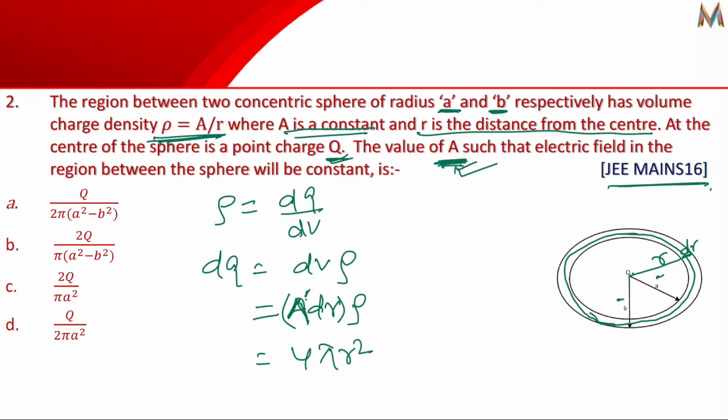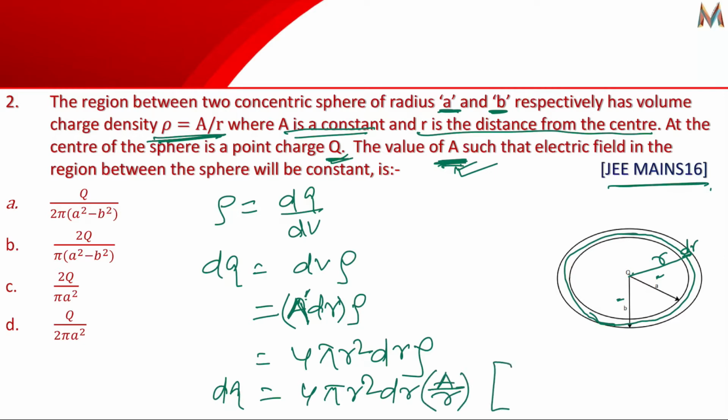So dq is 4 pi r square dr rho. Now if we put the value of this volume charge density, dq equals 4 pi r square dr times A by r, because in the question it is given that density equals A by r.